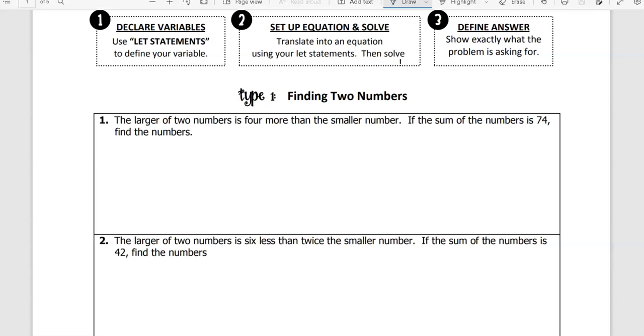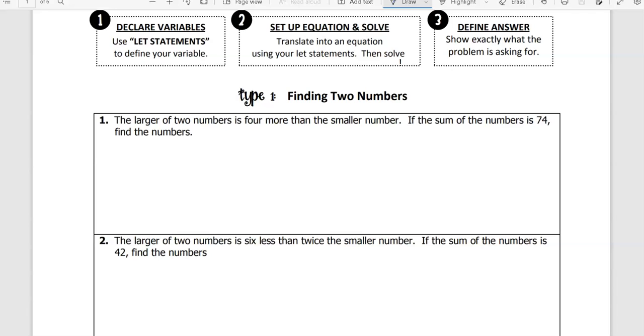Okay, so first we have to define our variables. What are we trying to find? The larger or the smaller? Well, both. We're trying to find 2 different numbers, right? One is larger and one is smaller.